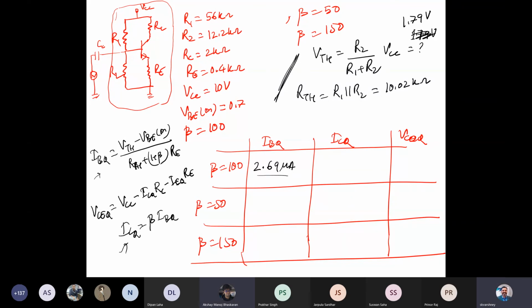Anyone can confirm? Because what you're saying for ICQ is very, very less in that case. Sir, 22 microampere it is coming.